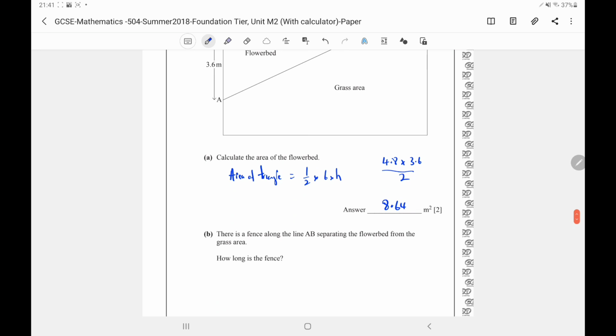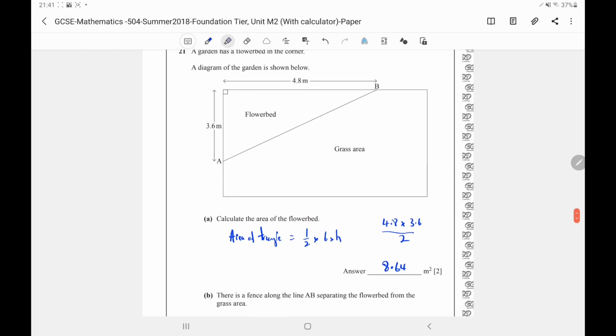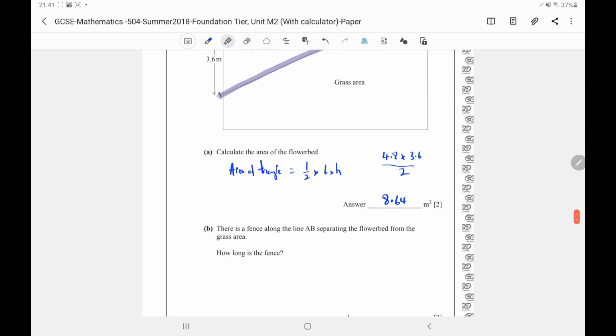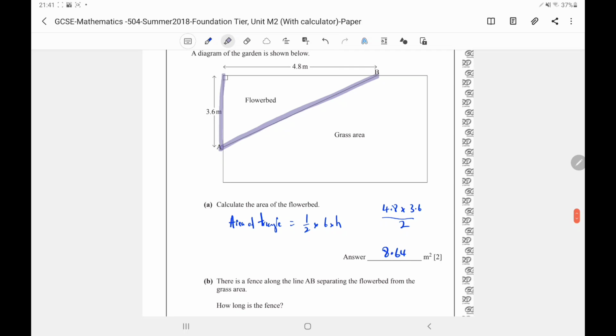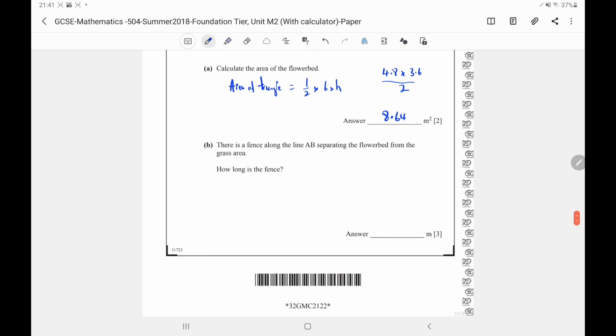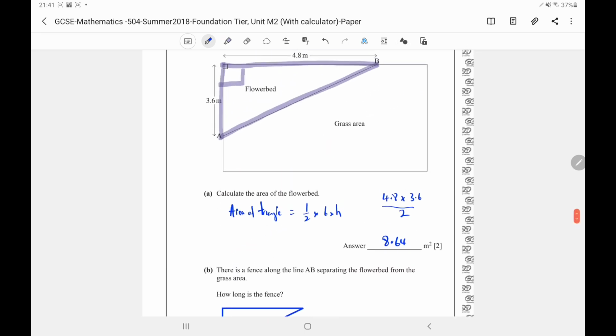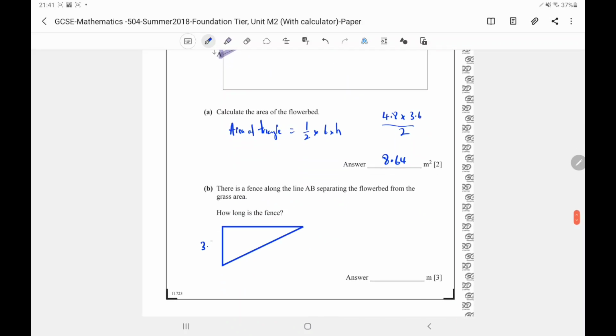So there's a fence along the line AB. Where is AB? Here it is. How long is this fence? So we're still looking at this triangle, and because it's a right angle triangle, we're going to use Pythagoras. I will do a wee sketch of the triangle, and we have 3.6 and 4.8. Now these are the two short sides, and this is the long side, the hypotenuse.